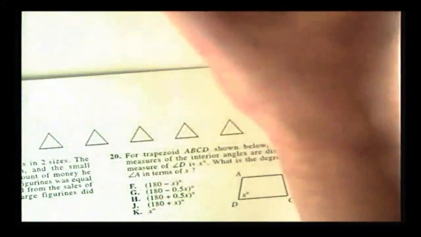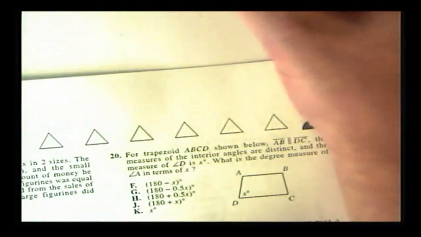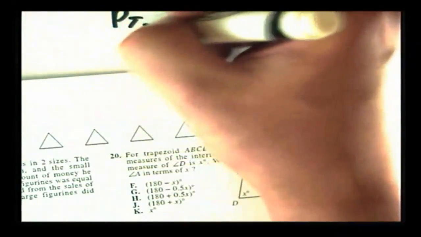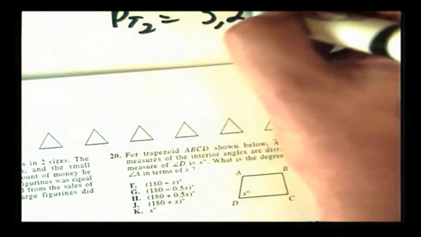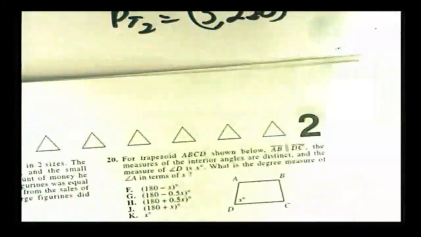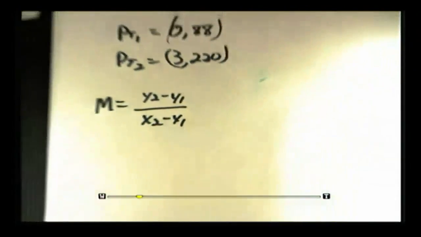So using these 2 points, point 1 as (0, 88) and point 2 as (3, 220), I can calculate a slope. I can calculate a rate of change, rather, right? That's what they've been calling them. So I say m is equal to y2 minus y1 over x2 minus x1. If you have trouble remembering this, it's not hard, because it's the rise over the run.